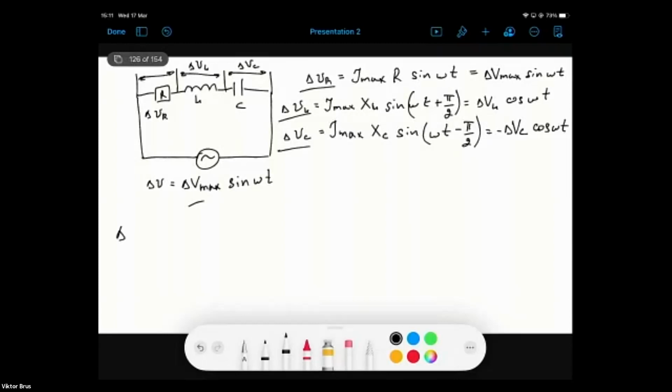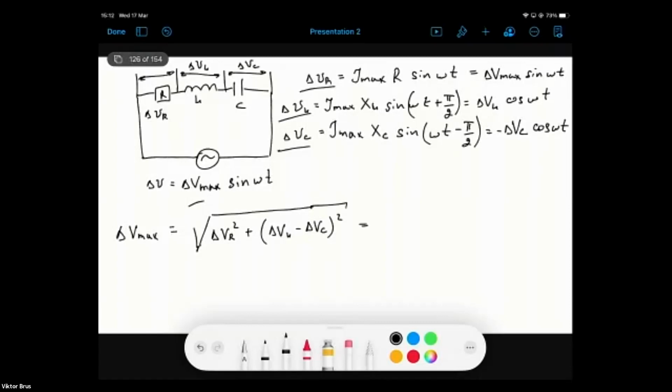So delta V maximum is equal, from that image phase diagram which we have seen on the slide, we can write that delta VR square plus difference between delta VL minus delta VC square. So this is how we calculate magnitude of the resultant voltage.